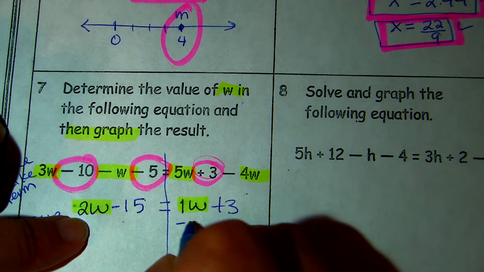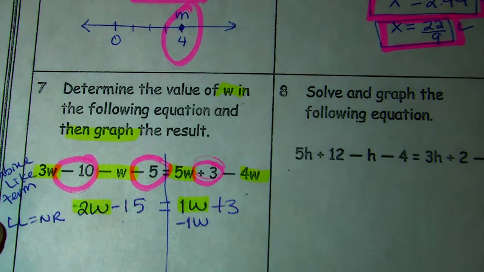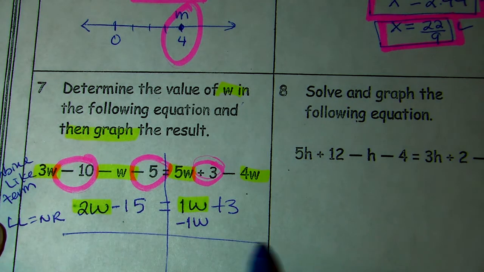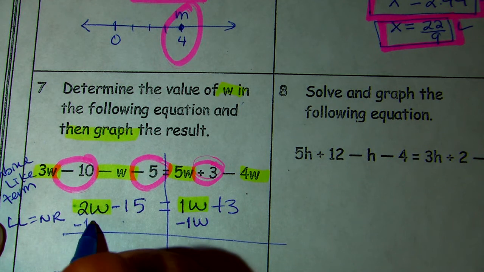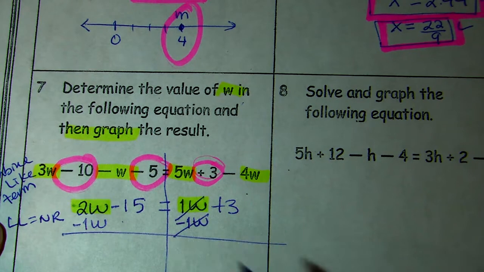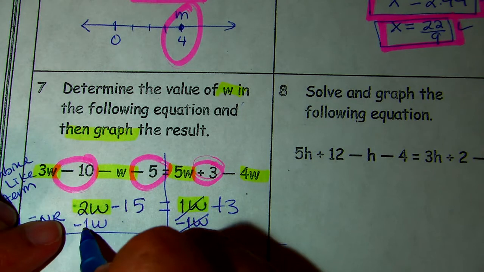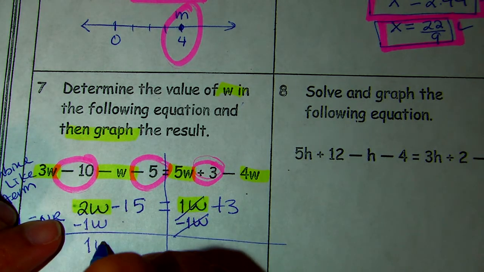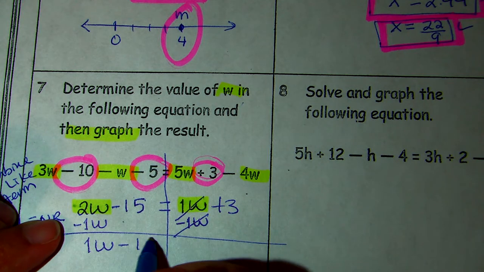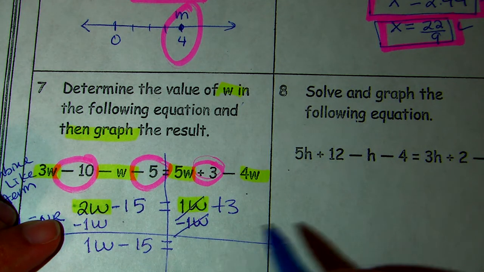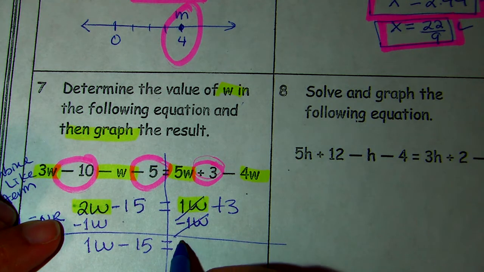So what am I going to do? Subtract 1W. And where do I subtract? Over here, minus 1W. So these two get canceled. 2 minus 1 gives you 1W. Bring down this guy right here. Bring down the equal sign. Bring down the 3 because these two were gone.